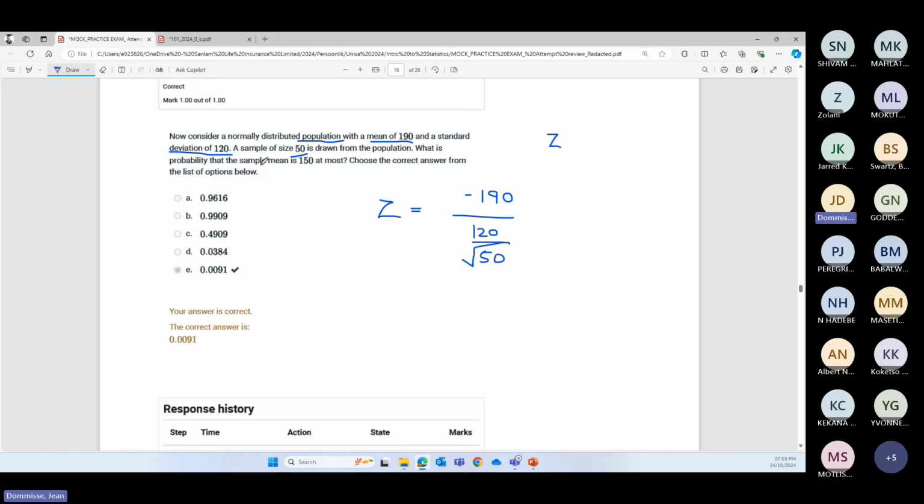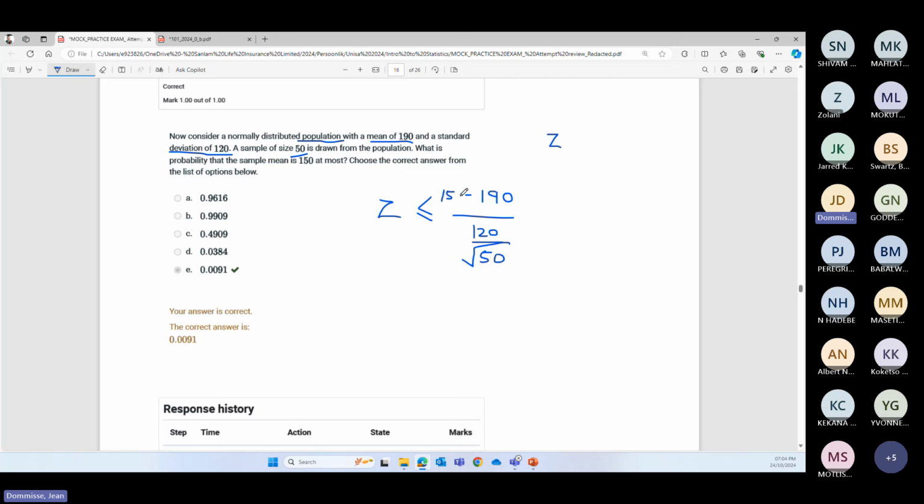And then what is the probability that the sample mean is at most 150 or less? So at most is not more than, so again, good to have that table that we had.